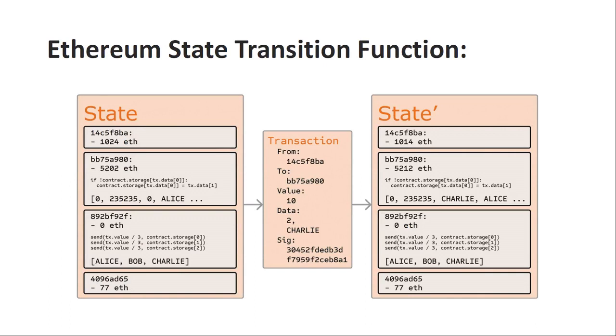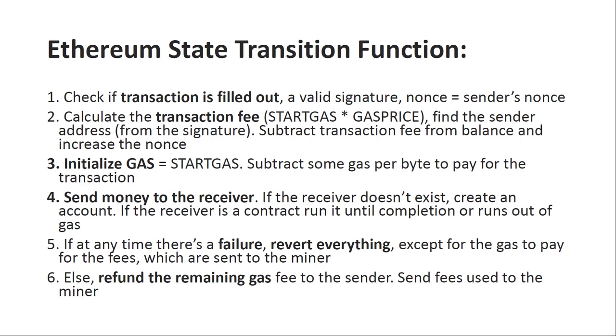And next is the Ethereum state transition function. Here there is an algorithm for how we translate one state to another. So this is our algorithm. First of all, it checks that the transaction is well-formed, and then it checks the signature validation.